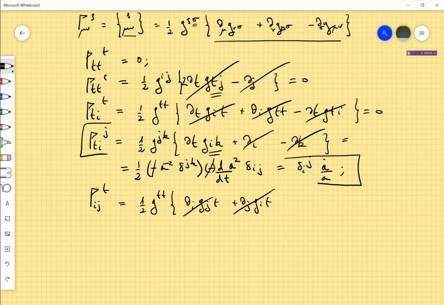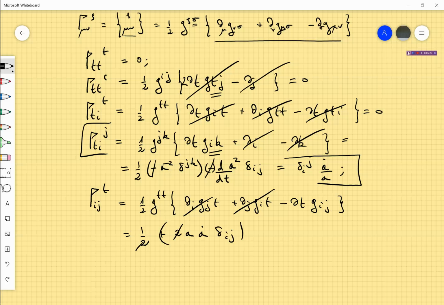These are 0 because they are spatial derivatives, minus partial t gij, which will be different from 0. gtt is 1, so this is 1/2, and there is a minus and the derivative of gij is minus, so this is a plus. The derivative of a squared is 2 times a dot delta ij.